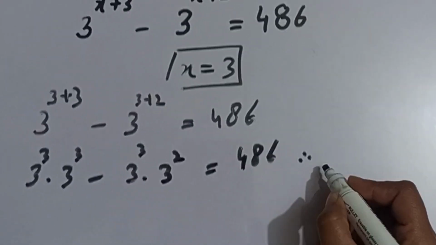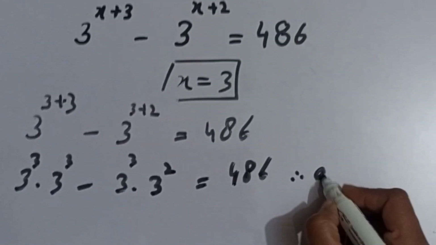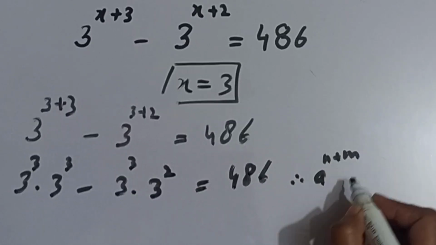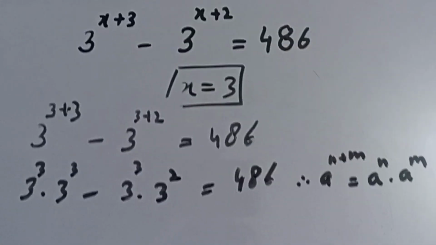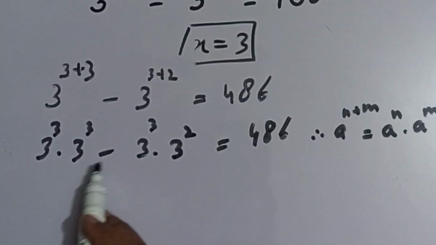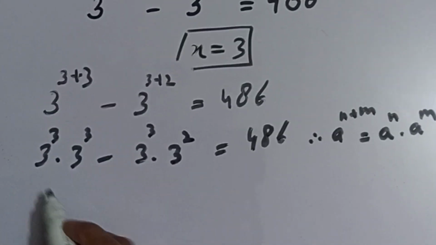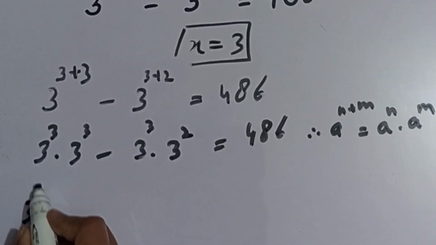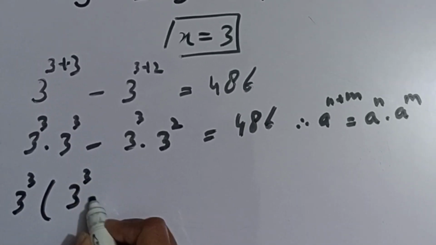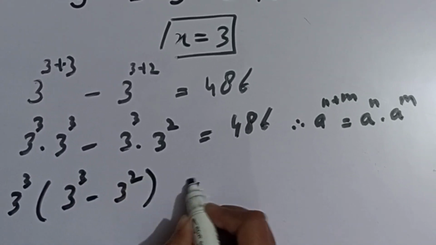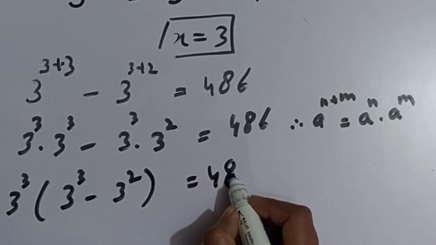Here we use the identity a raised to the power n plus m is equal to a raised to the power n multiply a raised to the power m. Look at the first two terms, 3 raised to the power 3 is involved in both, so we factor out 3 raised to the power 3, and the remaining is 3 raised to the power 3 minus 3 raised to the power 2, is equal to 486.